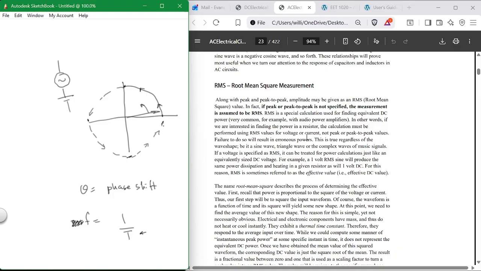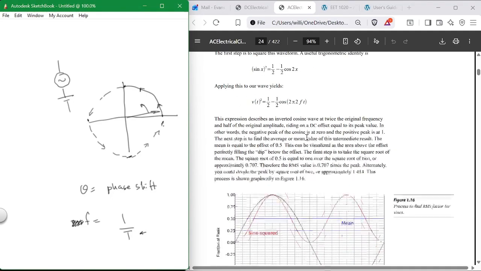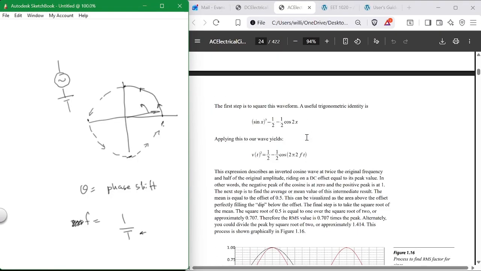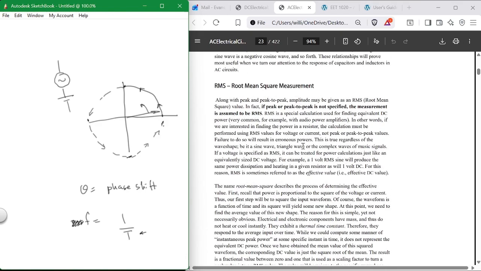Here's our RMS we just talked about. So again, most of the time they will give you, okay, now he does go through and he explains why RMS is important. The RMS describes the process of determining the effective value, or the value that when you multiply V times I, you get power.